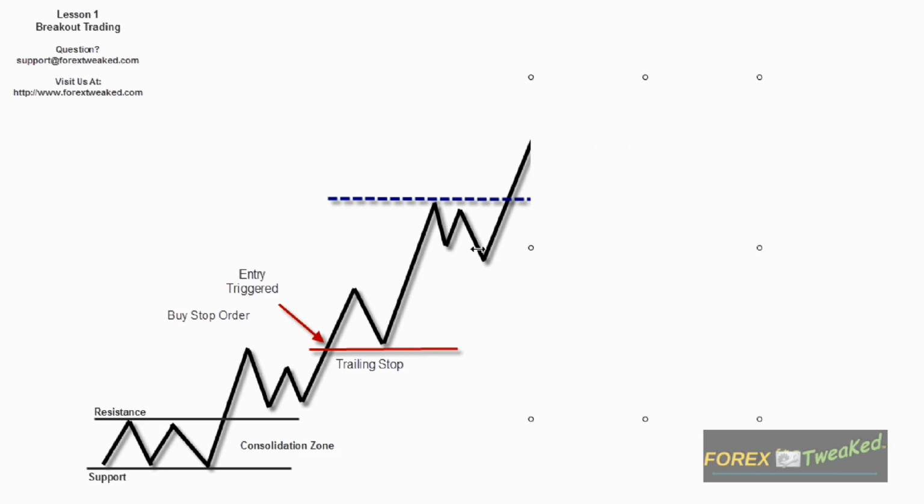So here we see another breakout. Next we move our trailing stop to the next support level. Whenever we have another confirmation of breakout, and there are two levels of support here, I move it to the lower of the two support points.